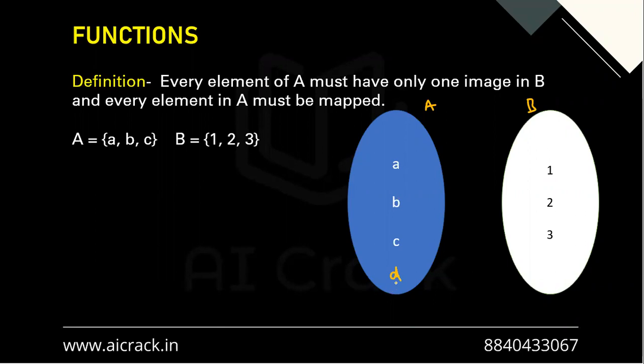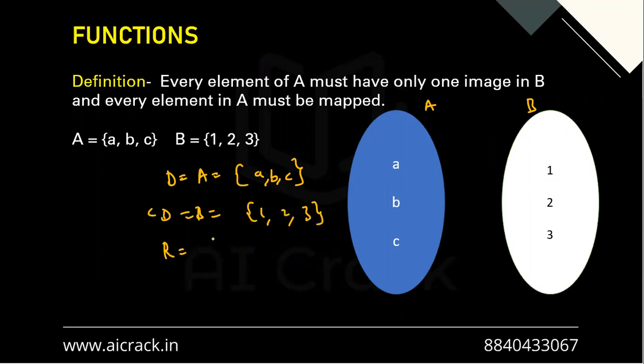For example, D is over here. You cannot leave D. In case of relations, we could have left it, right? But in case of functions, we cannot leave it. So in case of functions, domain is nothing but the set A, B, C. D is not there. Now talking about codomain, it is the same as set B, that is 1, 2, 3.